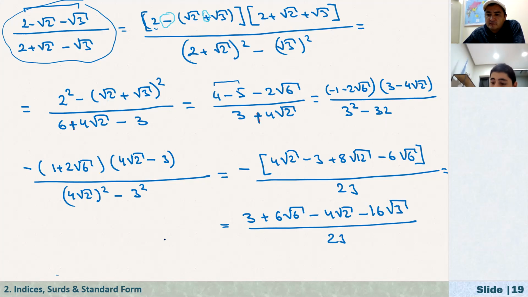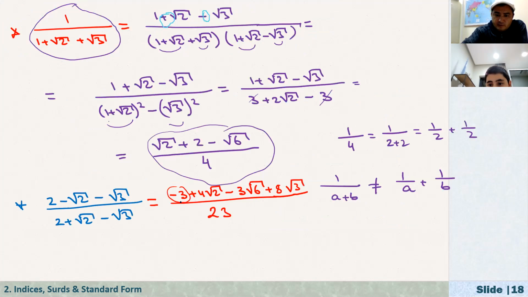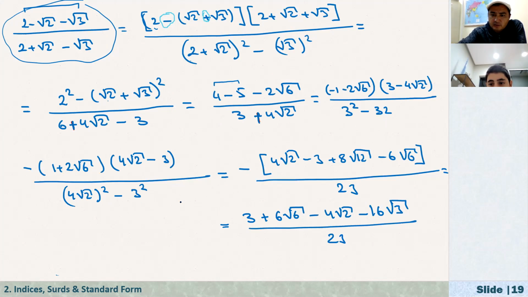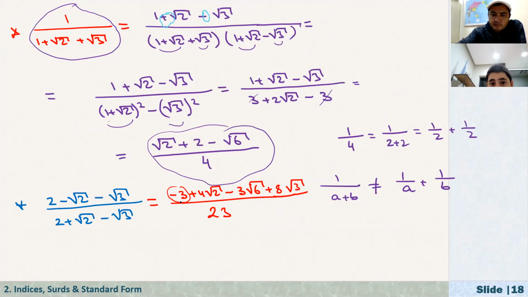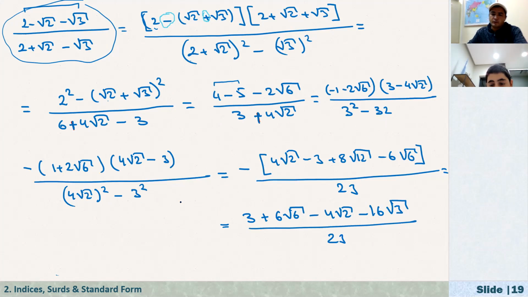My problem was that I forgot the minus, because 9 minus 32 was minus 23. I wrote 23 only. Okay, minus 3, 8. But because of that minus, everything changed. Okay, is this correct, Ibrahim? Did you see your mistake?